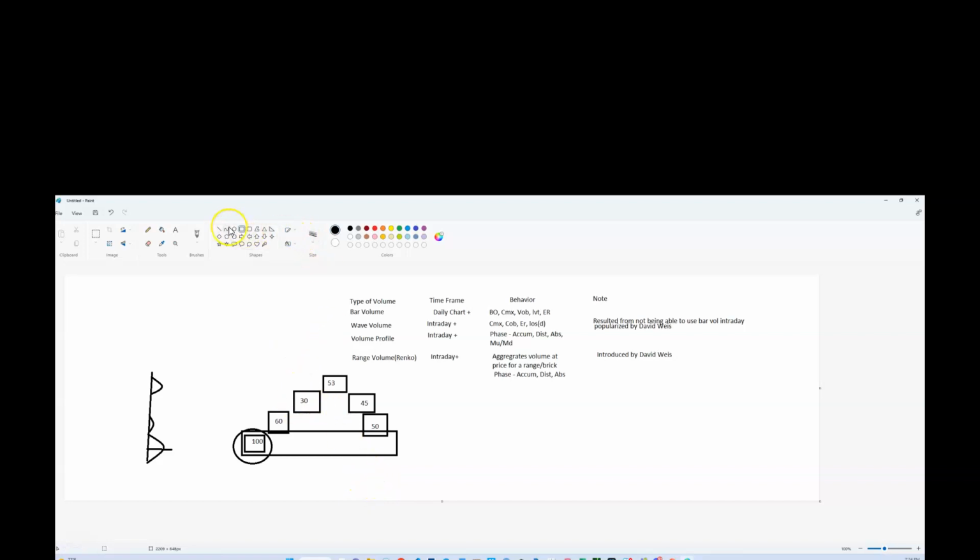Now, okay, I'll put step 1. Identify accumulation or distribution brick. You can do accumulation, distribution, even absorption, but mostly accumulation, distribution, and breakout bricks. But it could also work on absorption. I just don't want to put too much.